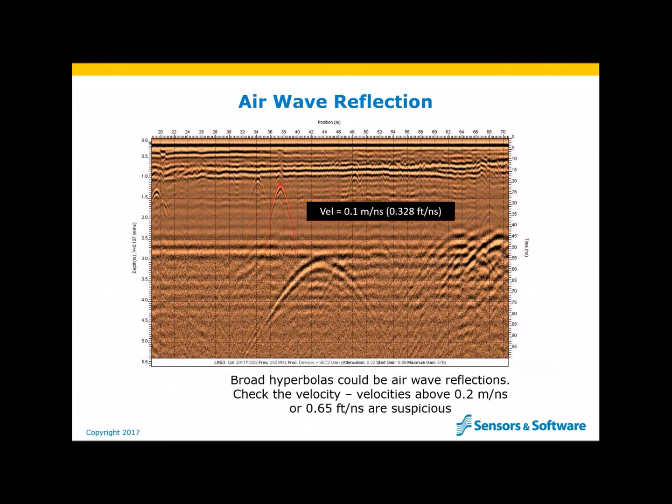However, when we do a velocity calibration on the deeper hyperbola, we get a velocity of 0.3 meters per nanosecond, or 1 foot per nanosecond, the speed of light. This hyperbola was caused by an object on the surface.